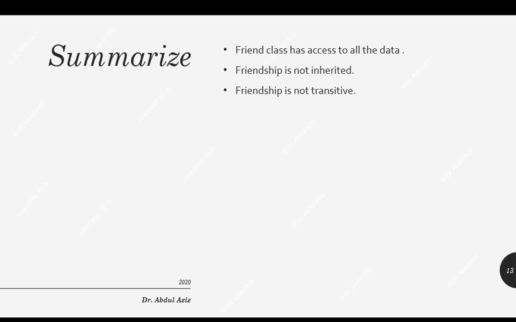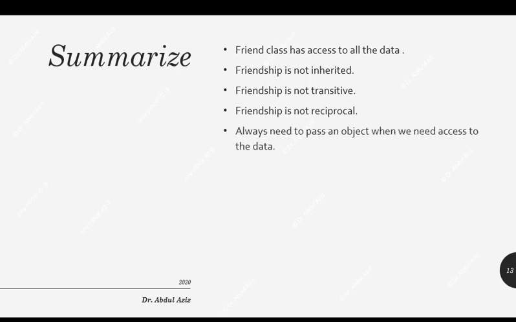So now we summarize the lecture, and I hope the concept is now clear. We must remember that a friend class has access to all the data stored in the class. Friendship is not inherited, neither is it transitive, and friendship is not reciprocal.